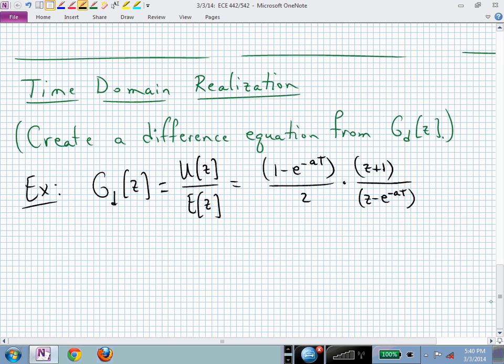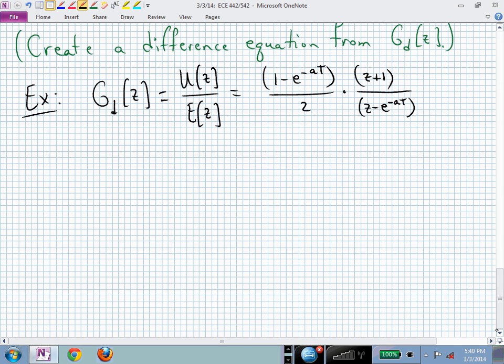If we take this into the time domain, we can simply multiply both sides through by z minus e to the minus AT, and remember that z in the frequency domain is like an advance in the time domain.